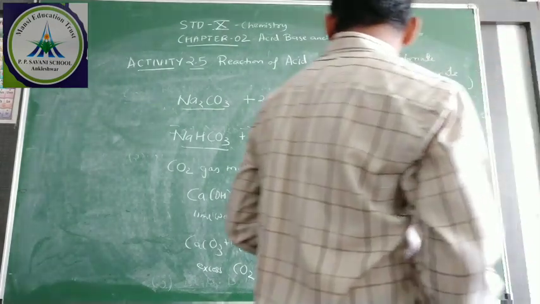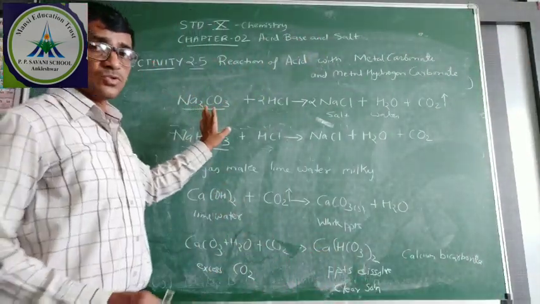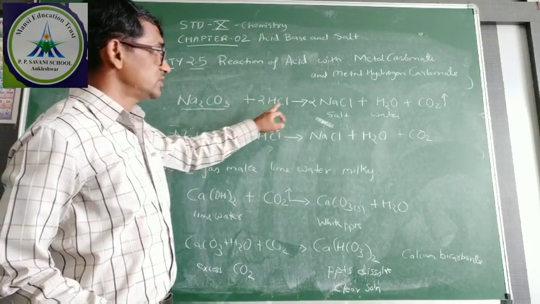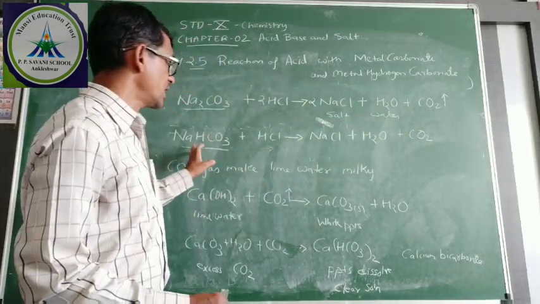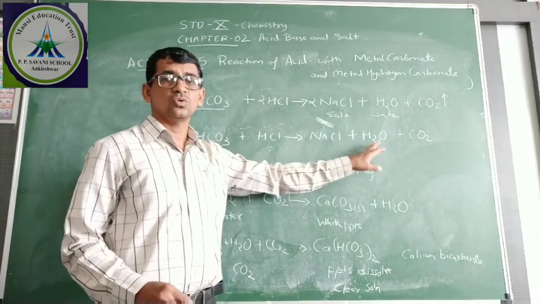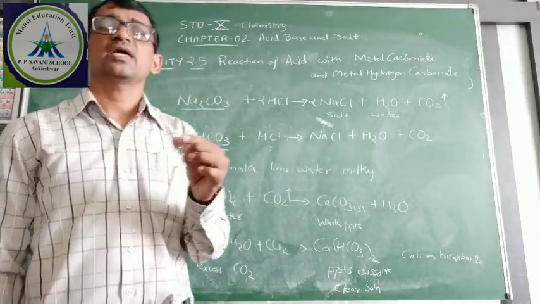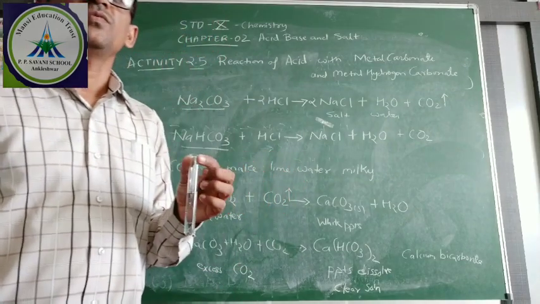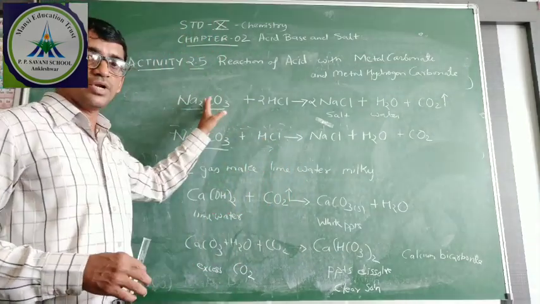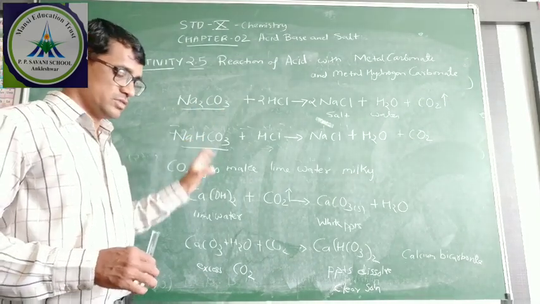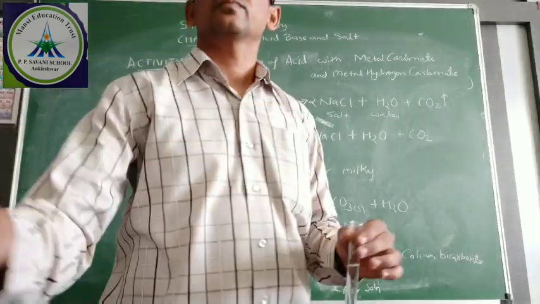This suggests that sodium carbonate reacts with HCl to give CO2 plus salt plus water, and bicarbonate also gives CO2, salt and water. So this is the test. We can produce carbon dioxide by adding acid to carbonate or bicarbonate. Okay. Thank you.